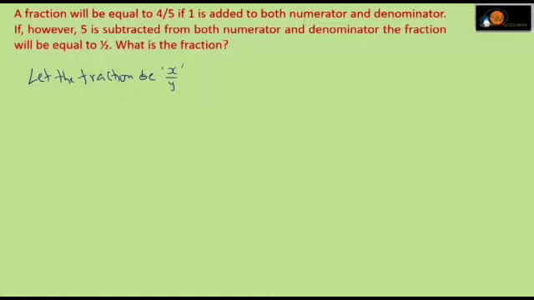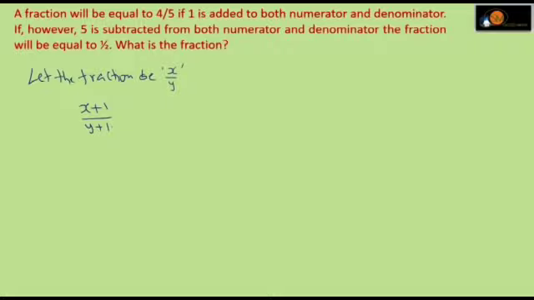Now the first condition. If 1 is added to both numerator and denominator, when we add 1 to numerator, the numerator becomes x plus 1. And when we add 1 to denominator, that becomes y plus 1.